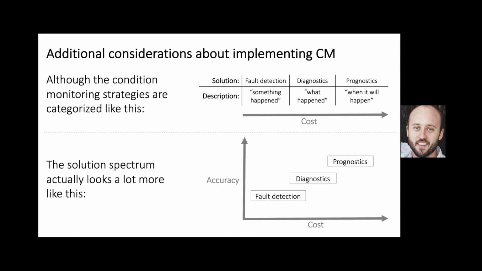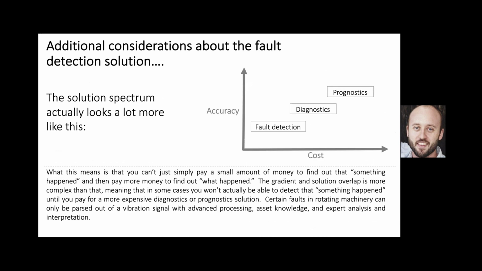So keep in mind that as we increase the cost of our condition monitoring solution, we're increasing the capabilities, but that level of accuracy and having that high level of confidence where we're not getting a lot of false positives and false negatives sometimes is very difficult at the lower end of the spectrum. So that's just something to keep in mind when considering different condition monitoring solutions.